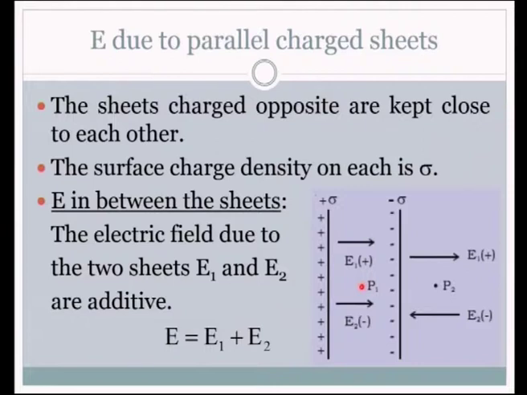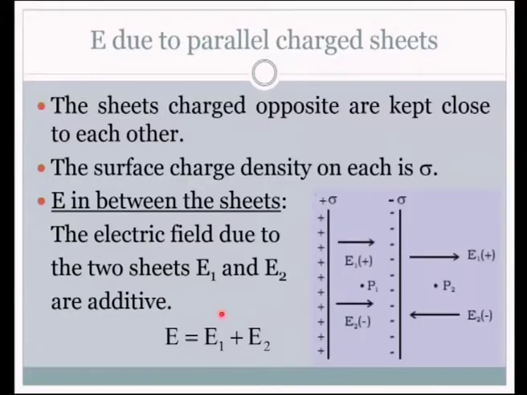For a region in between the two sheets, we consider a point P1. For a region outside the two sheets, maybe near any one of the sheets, we have taken a point P2. First, we are going to concentrate on the point P1. What is the electric field at this point P1? That is our focus. This point P1 is in between the two charged sheets.